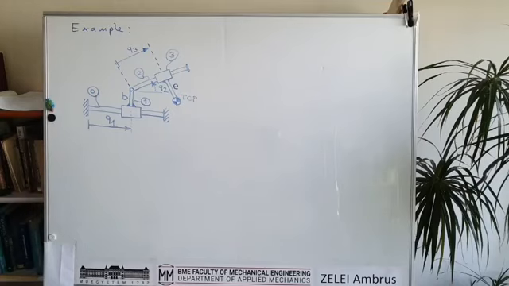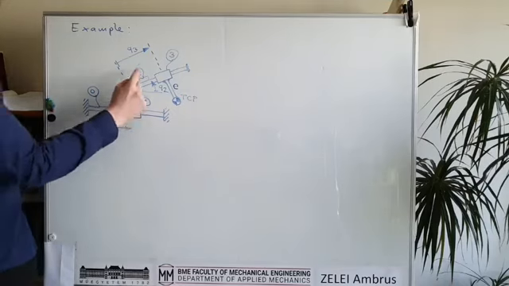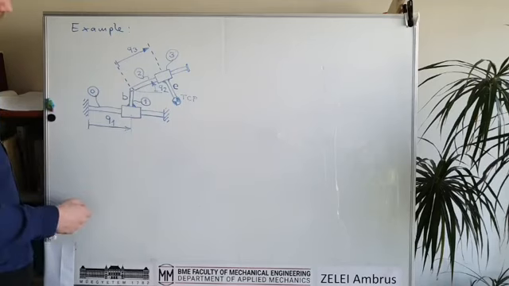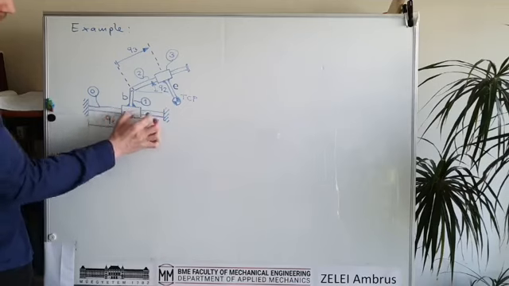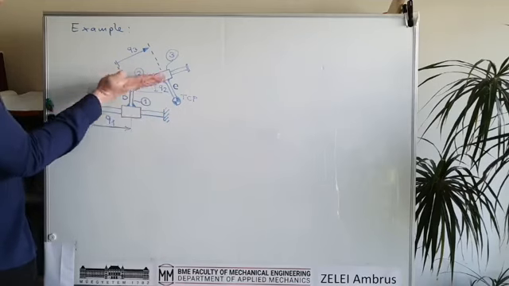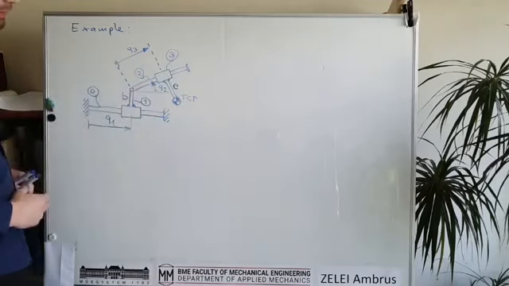So as we can see, there are 3 moving bodies, 1, 2, 3, and therefore there are 3 joints. Basically, this is a translational joint, a revolute joint, and again a translational joint.